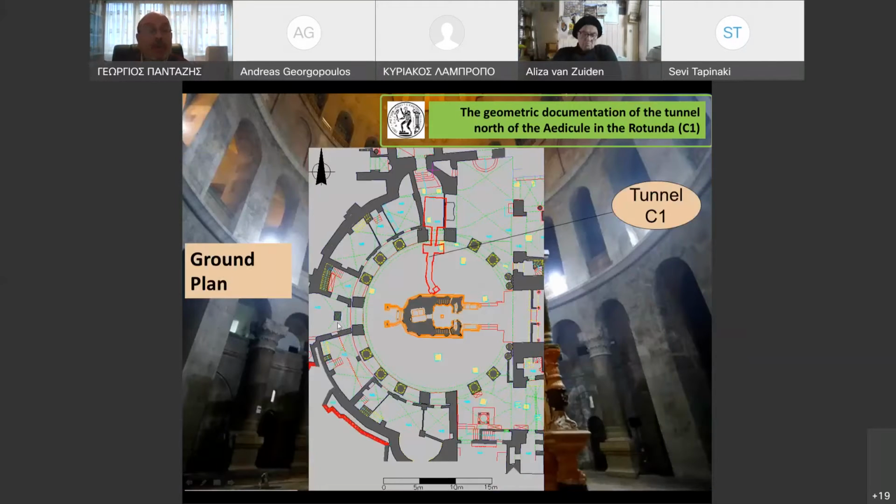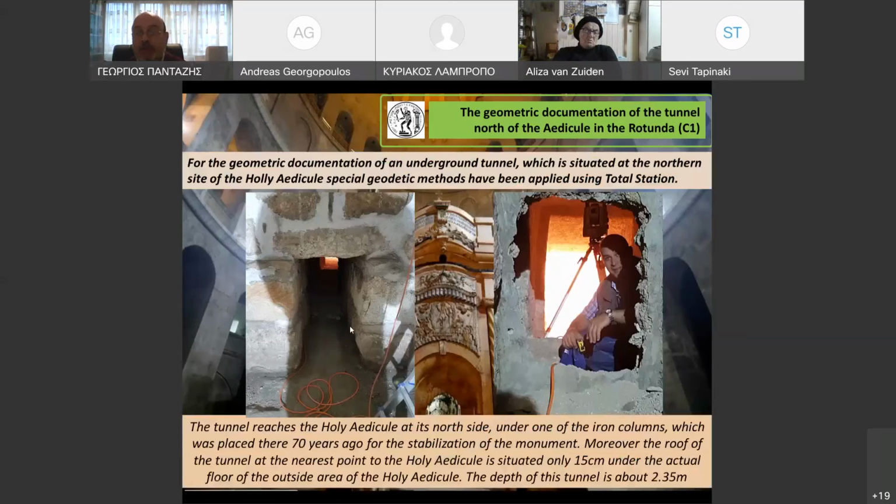This is the ground plan of the tunnel, and this is the photograph taken during the measurements of this underground tunnel without, of course, light.